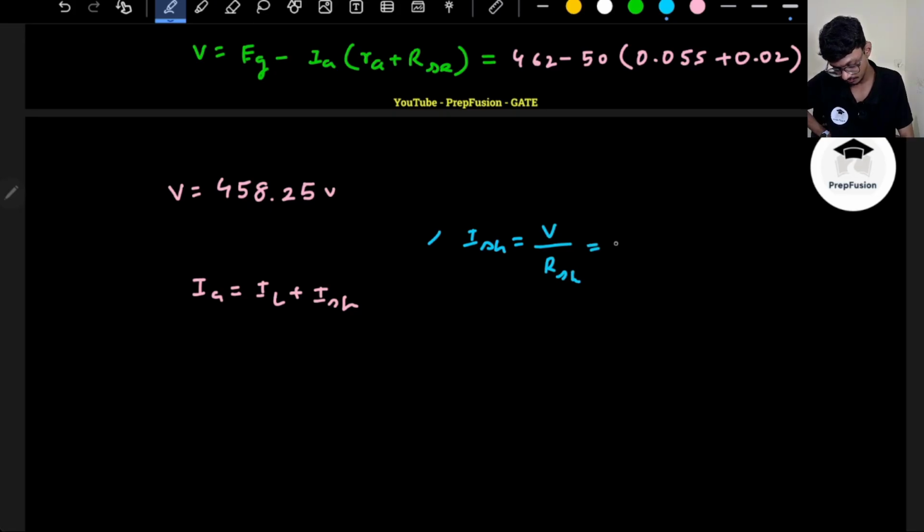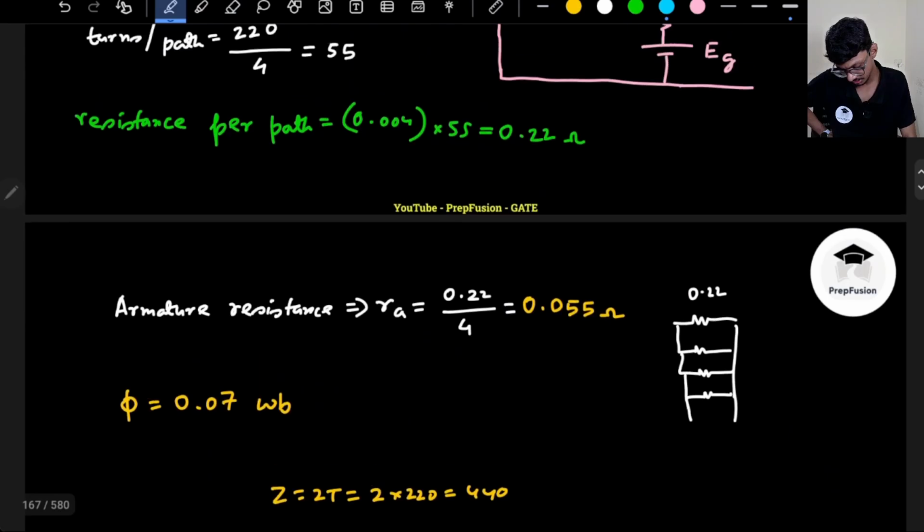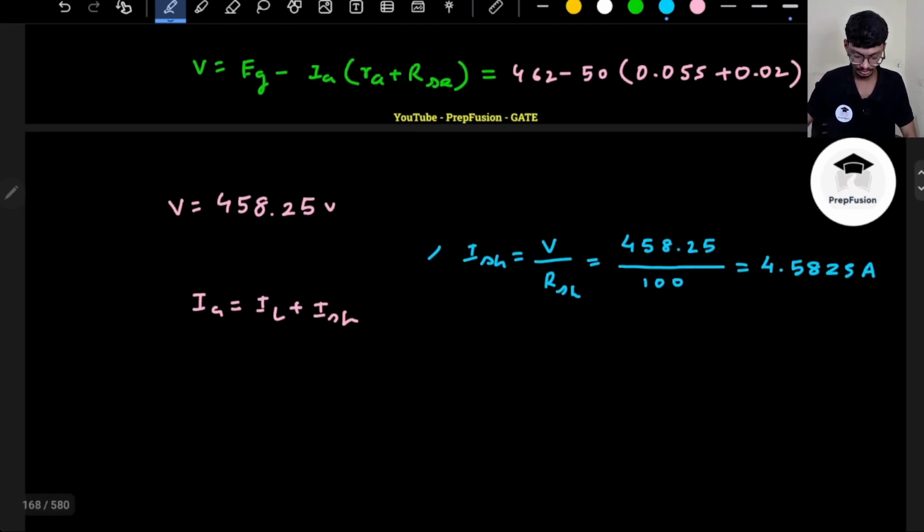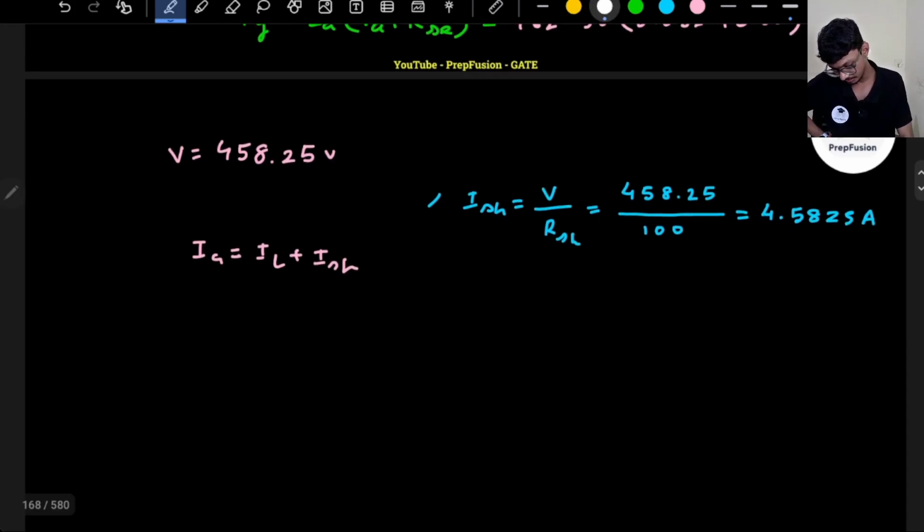So V is 458.25 divided by shunt resistance. Shunt resistance is 100 ohms. So this will be 458 divided by 100, 4.525 amperes.